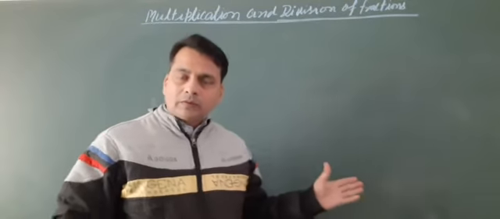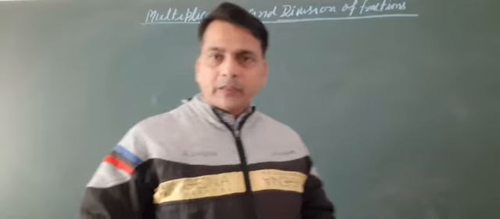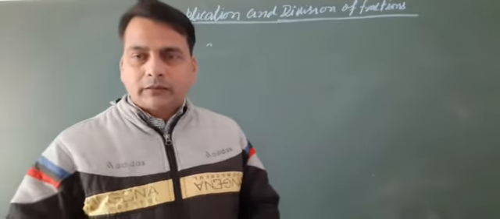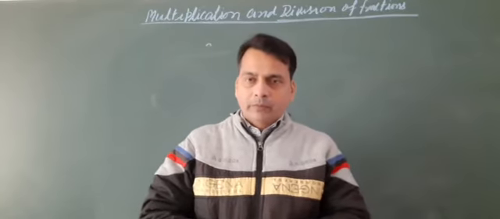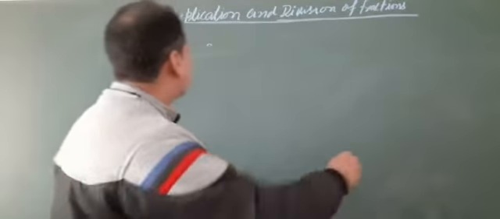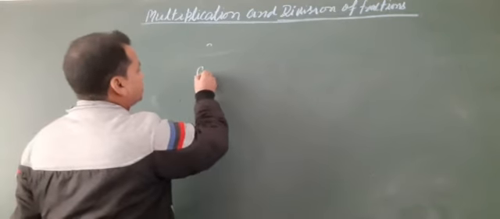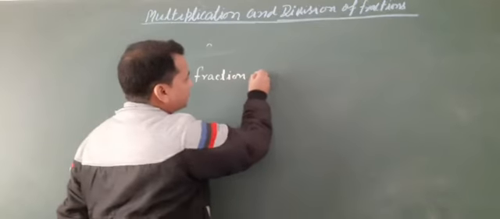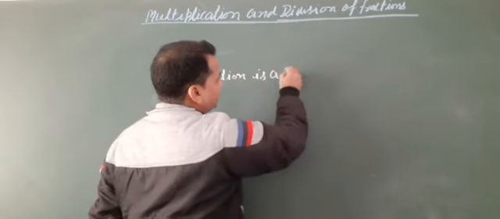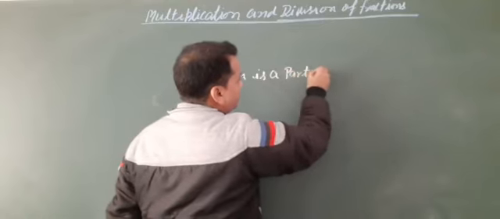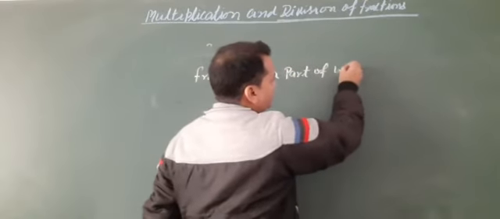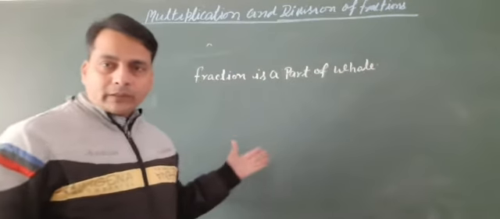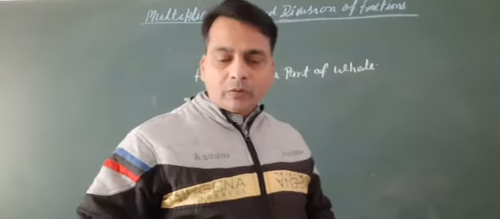So the first term in this video: what is a fraction? As you know, a fraction is a part of a whole. So according to the definition, a fraction is a part of a whole.